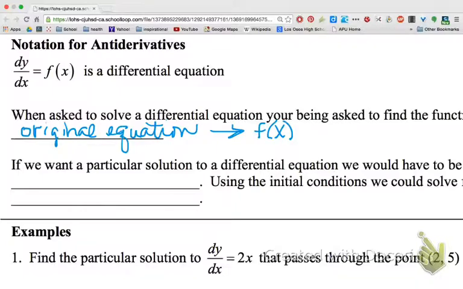And if we want a particular solution, we're going to need a little more detail. And that detail is that we need some initial conditions. If we use those initial conditions, we'll be able to solve and find our constant, aka C.